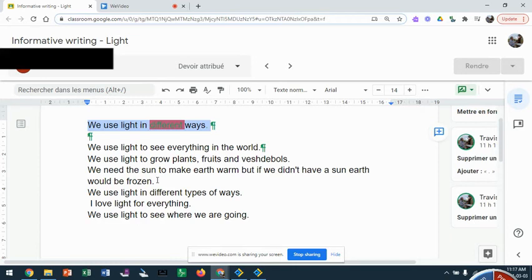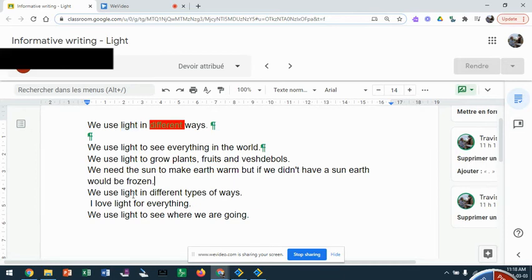If we didn't have a sun, it would probably be like all blue and frozen. So when you have this idea here, we need the sun to make Earth warm. What coming from the sun makes Earth warm? Which travels with light, right? Sunlight. So maybe that sentence could be edited a little bit to make sure that we have explicitly mentioned the light from the sun.